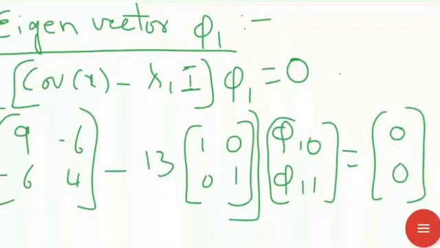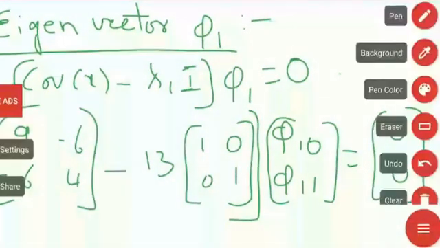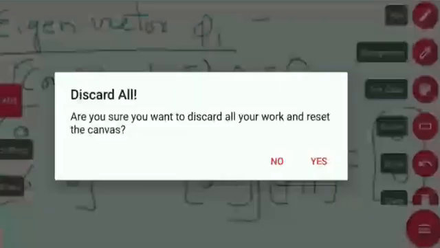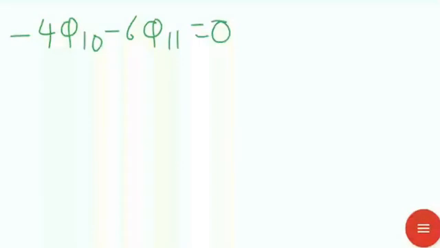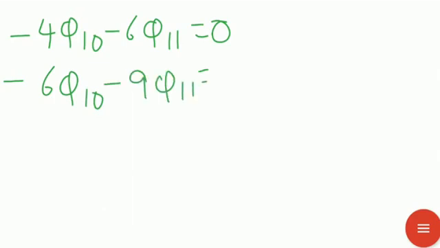Simplify this equation and you can get two equations. One is minus 4 phi 10 minus 6 phi 11 is equal to 0. Then minus 6 phi 10 minus 9 phi 11 is equal to 0.